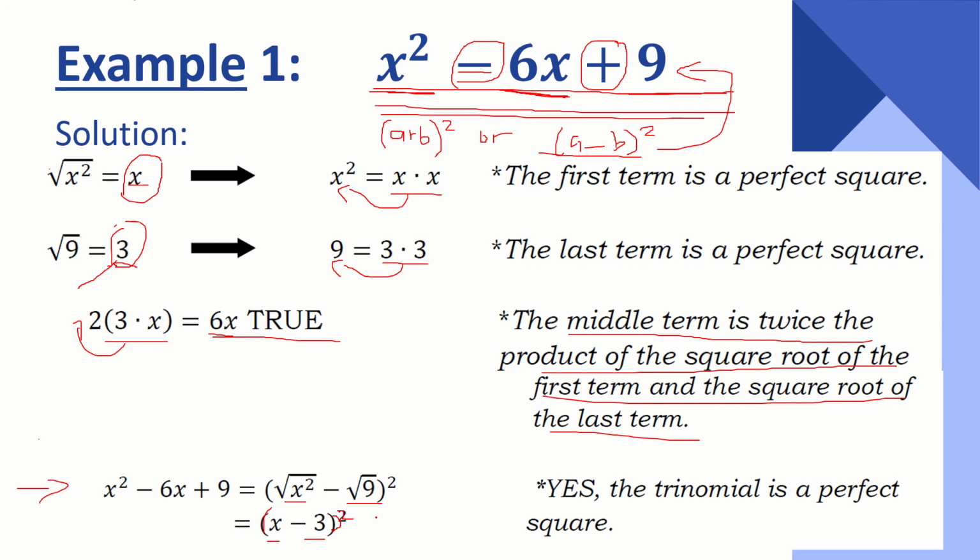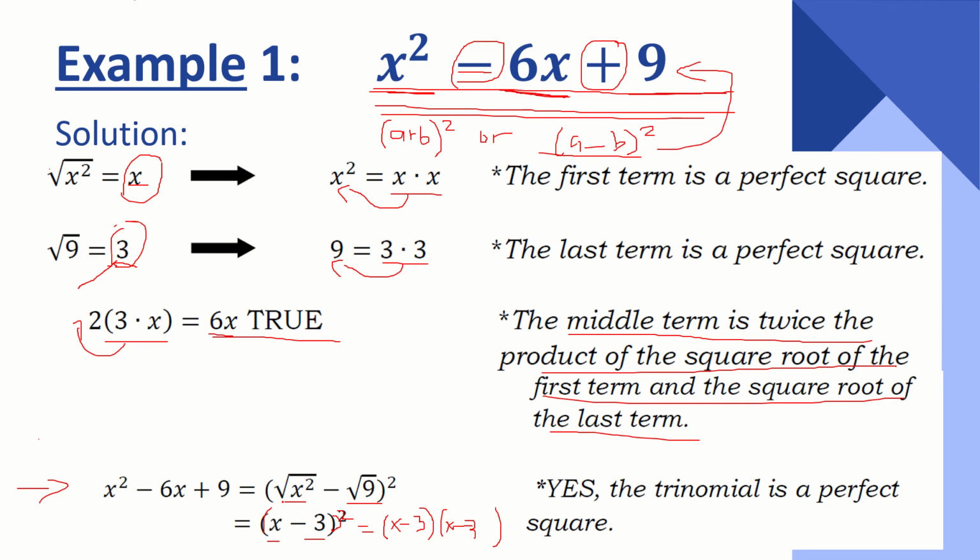Once we have the factored form, that is the answer. If we expand it, it becomes x minus 3 times x minus 3. So, the factored form of x squared minus 6x plus 9 is equal to x minus 3 squared, or x minus 3 times x minus 3. Understood?